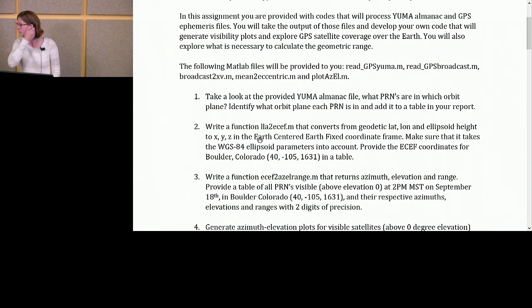So for the UMA file we're given, it comes out as longitude of ascending node, but then the rate is right ascension of ascending node. Is that a correction? Do we just use it from the slides? So, from the slide, you don't actually need to take that into account. Are you talking about the first problem, finding where all the different satellites are in what plane? Okay, then I will talk about that in a little bit too.